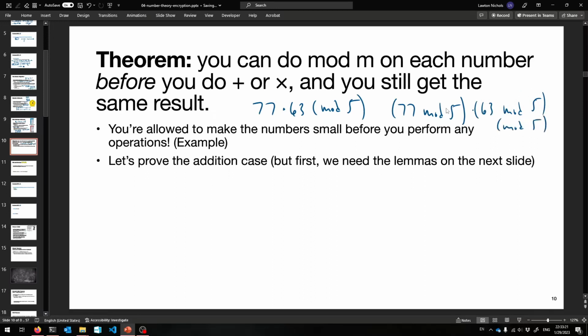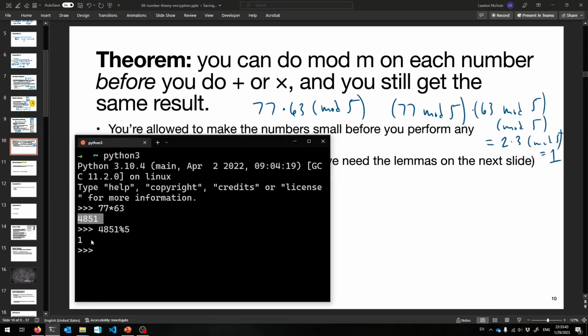All right, that's equal to, what is this? 77 mod 5, well, it's got 2 left over. I can do that in my head. That's 2 times 63 mod 5, that's 3. And then do that mod 5. 2 times 3 mod 5, which is 6 mod 5, which is 1. Which is 1.